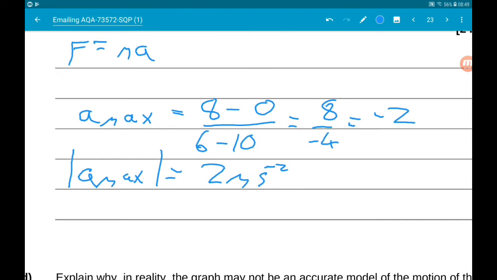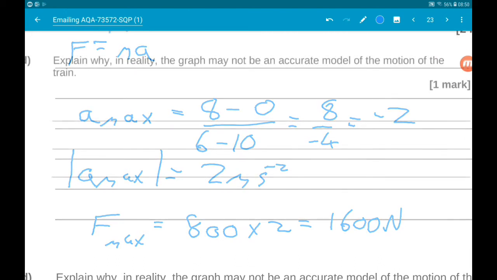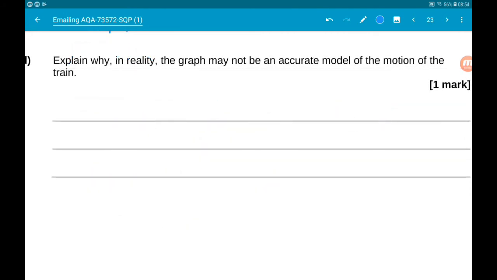So the maximum force is the mass, so 800 times 2, which is 1600 newtons. Cool.